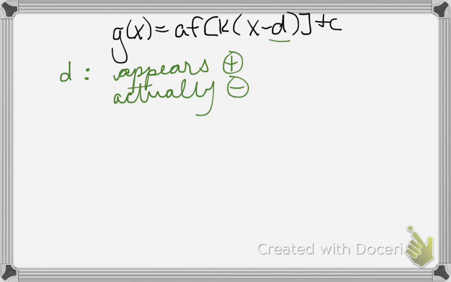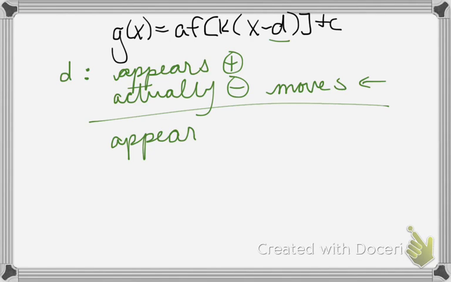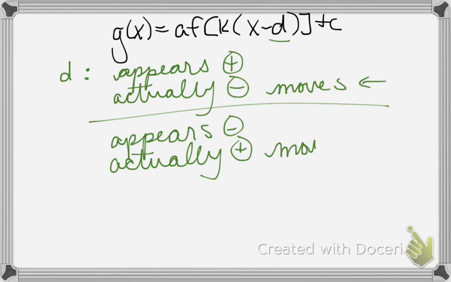Okay, because if I enter in a negative in here, we'll have a negative and negative, and it makes it positive. And this is going to move left. Okay? If it appears negative in your equation, it's actually positive, because if I plug a positive into that equation, it's going to look like a negative. This moves right.